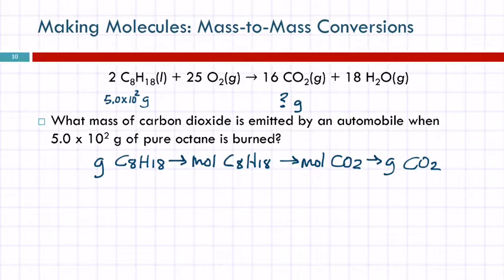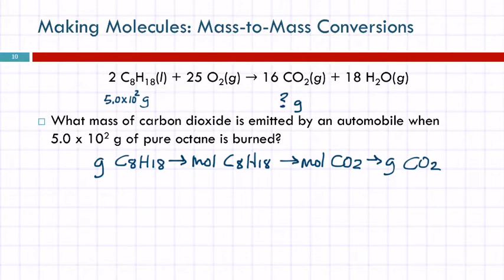The compound is different. And then moles of CO2 to grams of CO2, again changing one thing. We're changing the unit, moles, to grams. We're not changing the CO2. Any questions about the path? Grams of the first thing to moles of the first thing, to moles of the second thing to grams of the second thing.